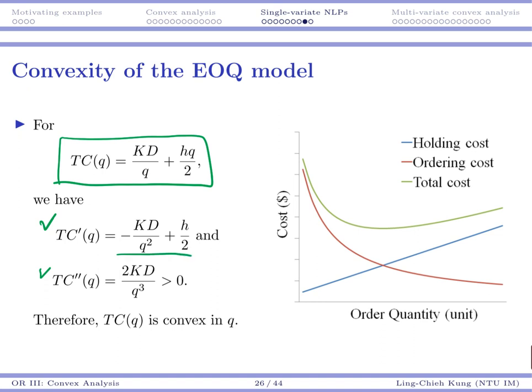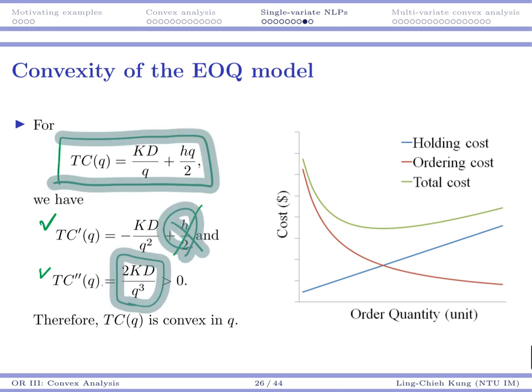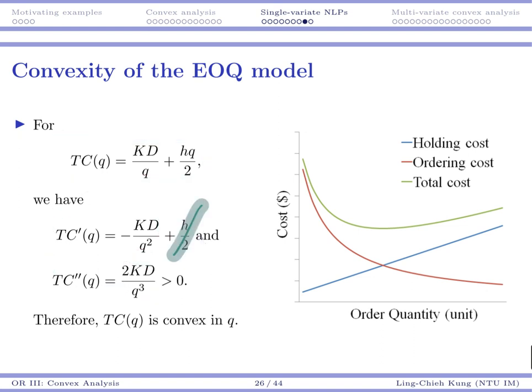So that's how you get your first order derivative. And then you take the derivative again with respect to Q, then this particular term goes away, and you get something like this. A very good thing is that now we may say, oh hey, this is a positive value for any possible Q, okay?